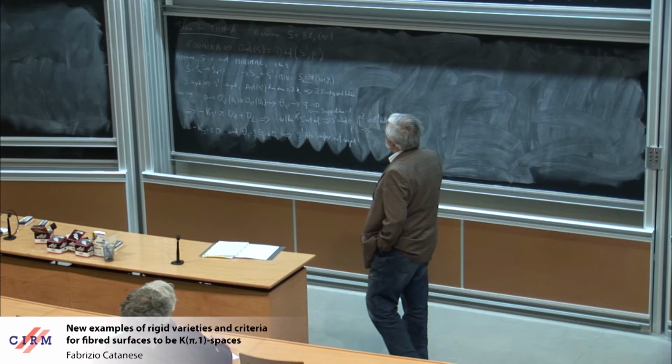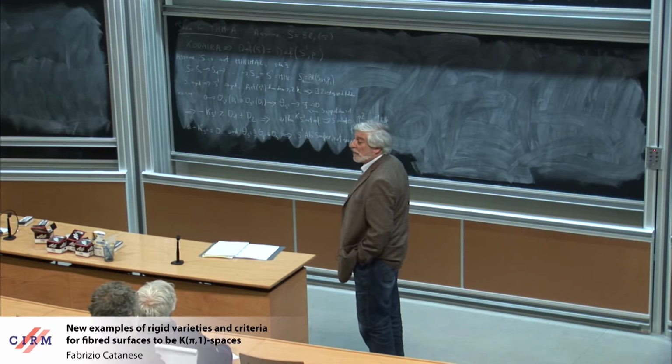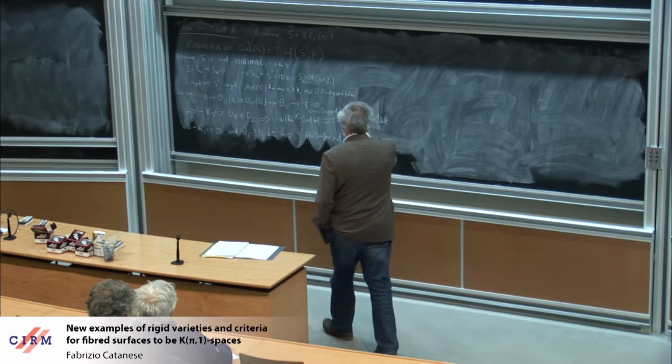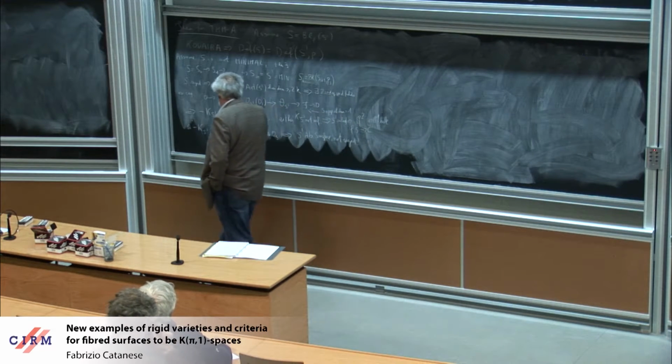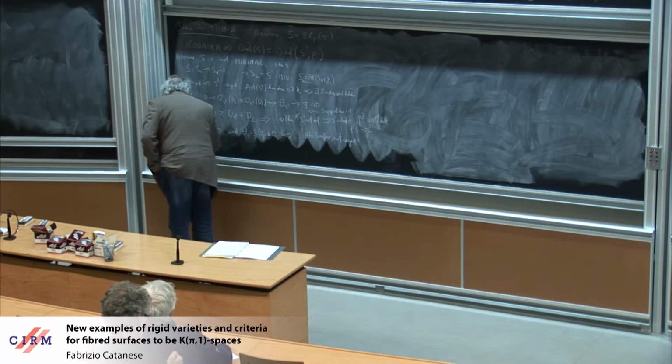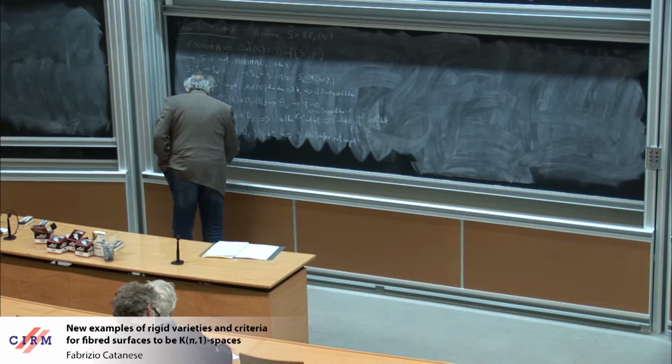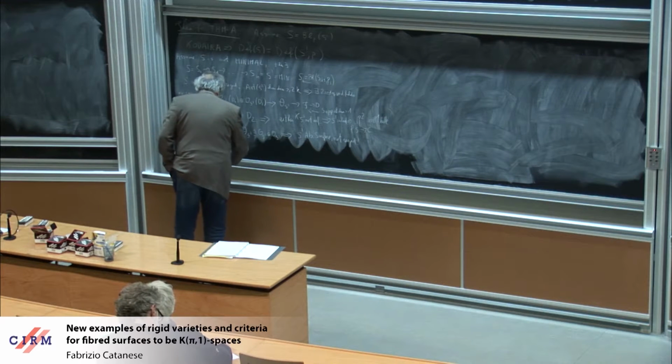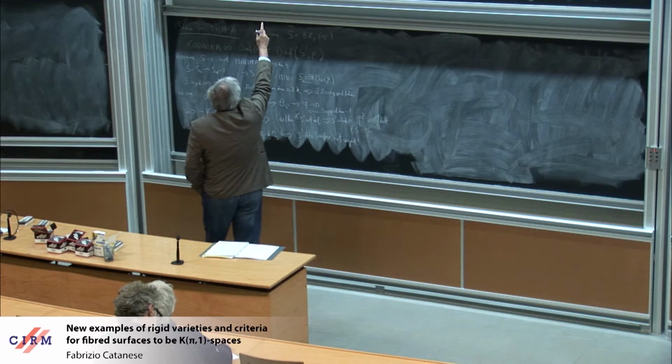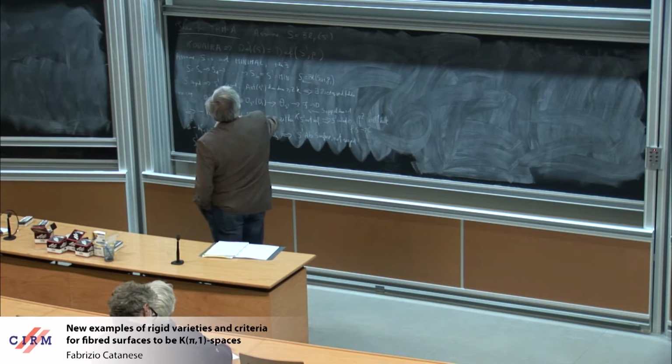Now, the P1 bundles over a curve C: if S prime is ruled and the genus of C is 0, then we know that it is F0 or F1.